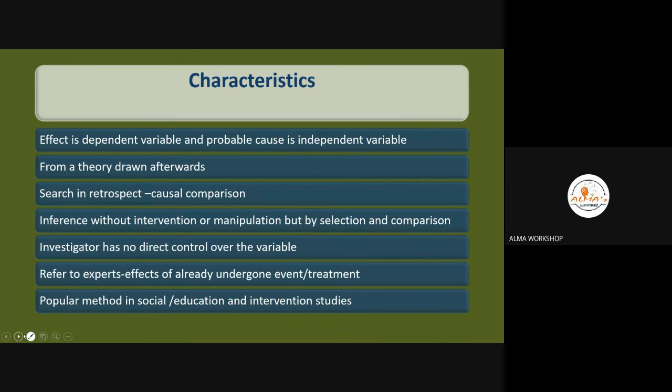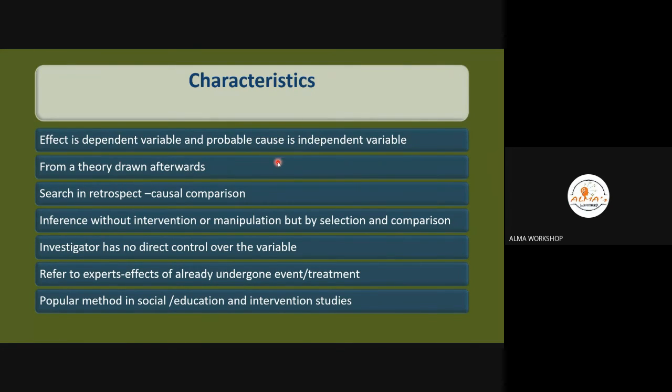What are the characteristics of ex post facto research design? Effect, independent variable, dependent variable and probable cause. What is the cause you are trying to find out? It is an independent variable. A theory will be drawn after finding out the causes.